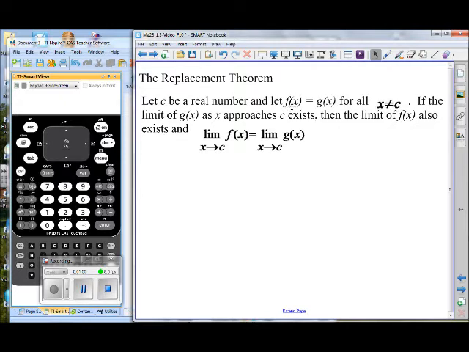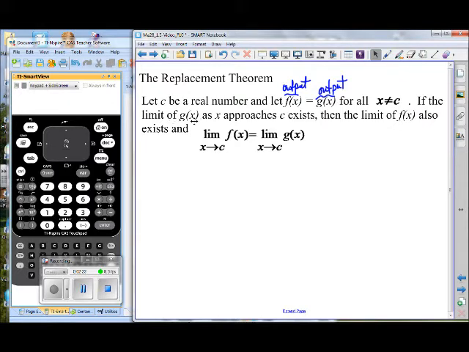a function f of x and a function g of x, and keep in mind what we're saying is that the output of function f is equivalent to the output of function g for all values of the input except at that value c.